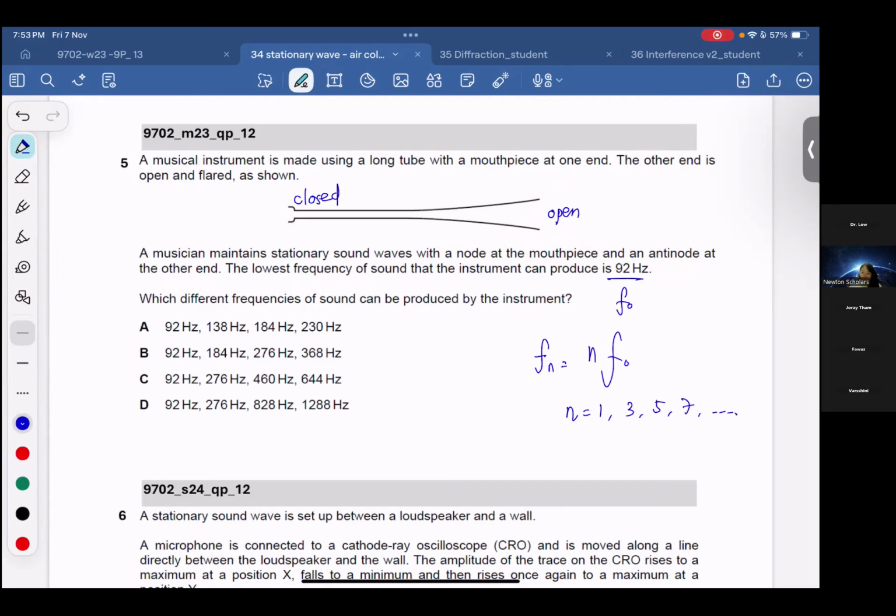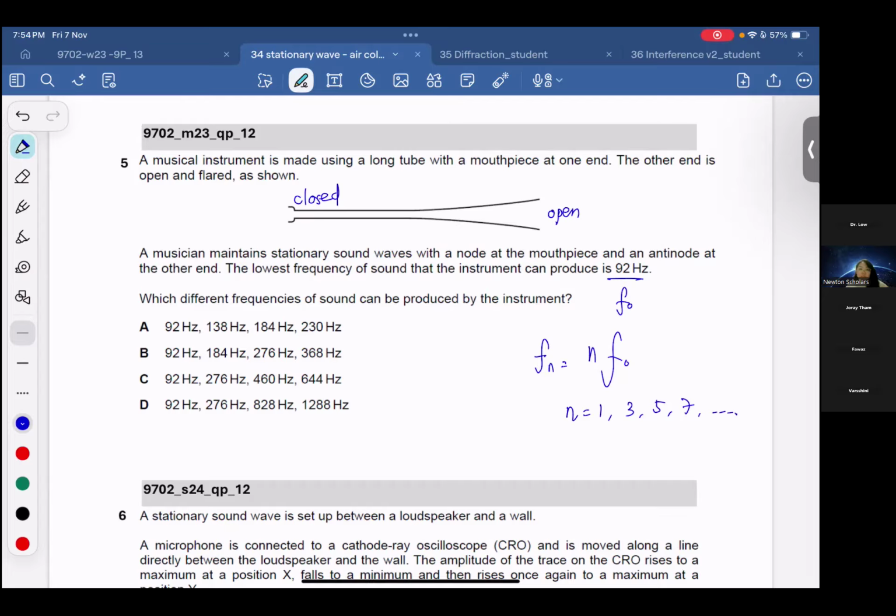Okay, boys and girls. A, B, C, D. Which one is the possible frequency that you can get? Oh, Prasan very fast. Yes. How about others? Let me have a look. Jore, correct. Any others?